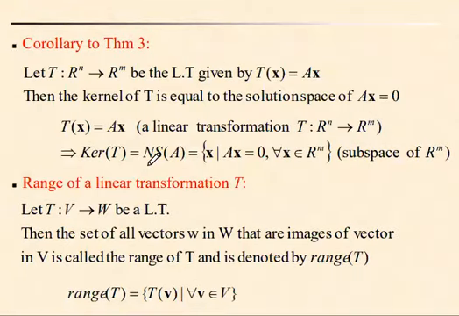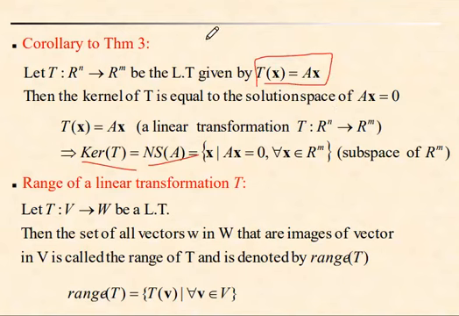Let's move on. Look at this here. Kernel is the same as the solution space, the null space. So T is a transformation from Rn to Rm, and T is defined by this. T is given in matrix form, right?